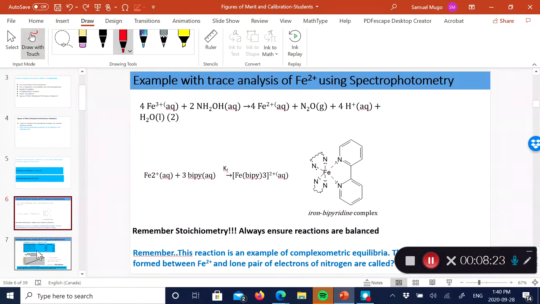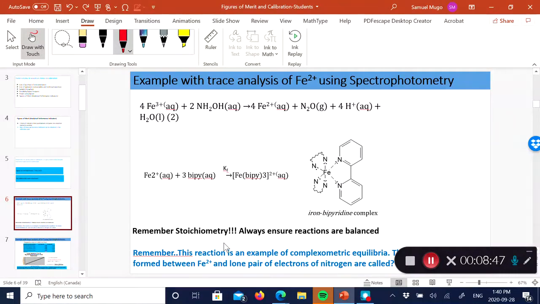Maybe I give you an example, using a lab that you guys are going to do in your experiment 2, which will be detecting or analyzing trace amounts of iron in a given sample using spectrophotometry. That's going to be your first real lab that you're going to work on.